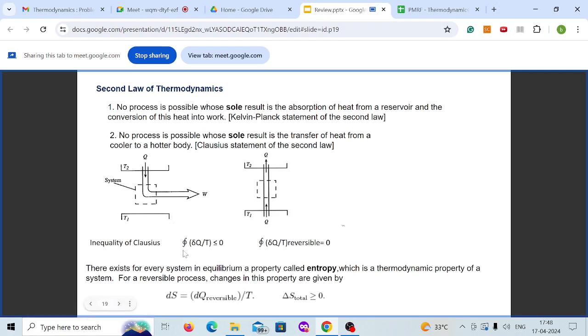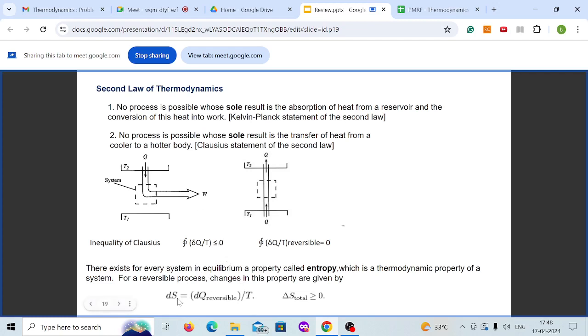So entropy was defined as dq reversible by T, and Clausius said that the cyclic integral of dq by T should always be less than or equal to 0.